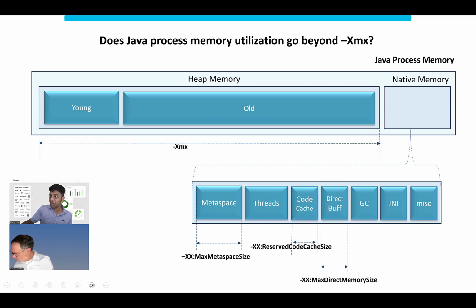Now, when you are creating virtual threads, when the virtual threads are actually executing, they're going to use the platform threads, which are coming from here. But when they're not running, when they're blocked, they are going to be stored in this heap memory.